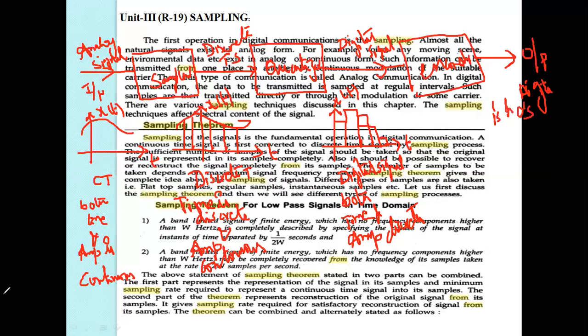Okay. This is the block diagram of the sampler, or sampling. Given the analog signal, which is a continuous time signal x of t, the time is continuous and the amplitude is also continuous.